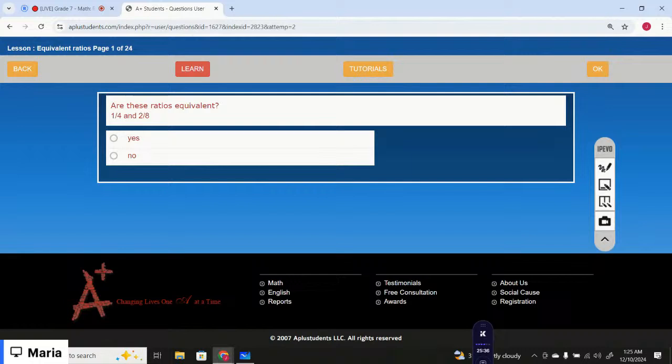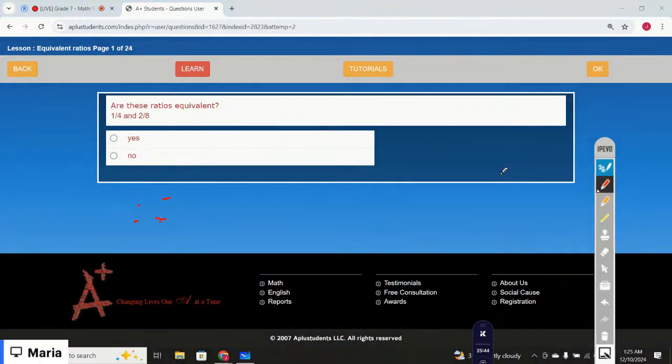Okay, so that is 1 over 4 and 2 over 8, right? So let's just see if they are equivalent. 1 by 4 and 2 by 8. You need to cross multiply them. 1 times 8 and 2 times 4. 1 times 8 is 8, 2 times 4 is 8. So both sides are exactly equal.